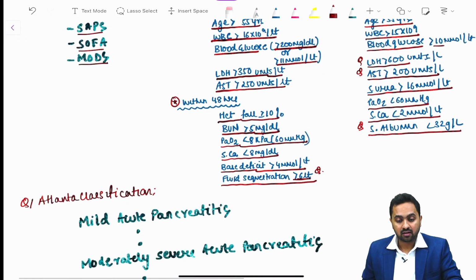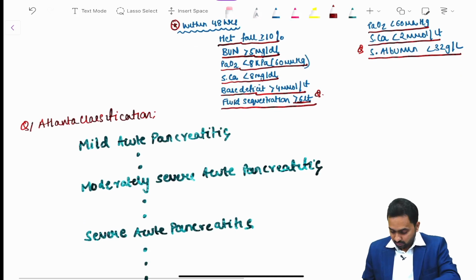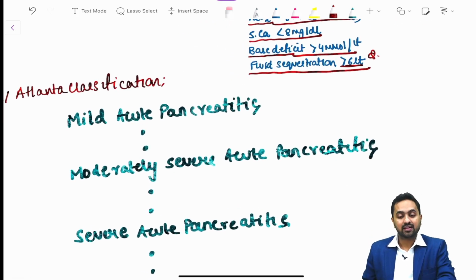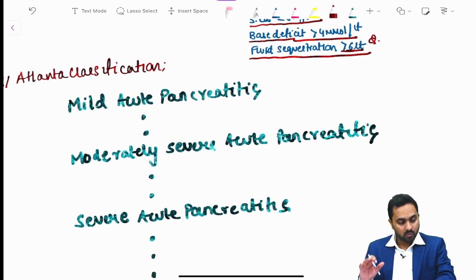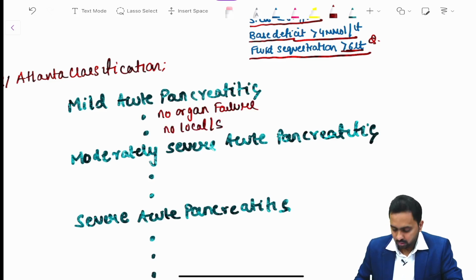Then we have the Atlanta classification for acute pancreatitis. So, what is this Atlanta classification? It classifies pancreatitis into 3 types: mild acute pancreatitis, moderately severe acute pancreatitis, and severe acute pancreatitis. What happens in mild acute pancreatitis? There is no organ failure and no local or systemic complications.